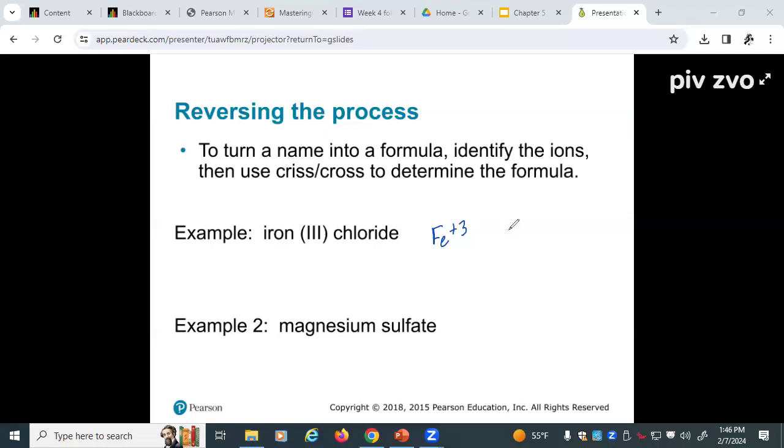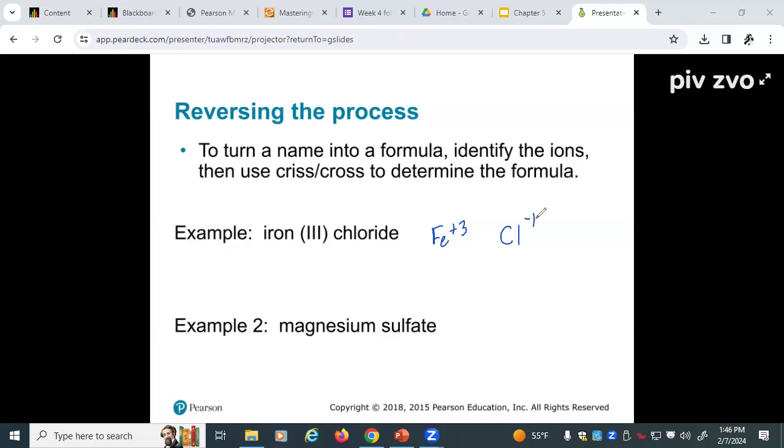For chloride, I know I'm dealing with chlorine, Cl. I look to the periodic table. Periodic table says chlorine's a halogen. All halogens are -1 in charge. So now I ask myself the fundamental question. Do those charges match?